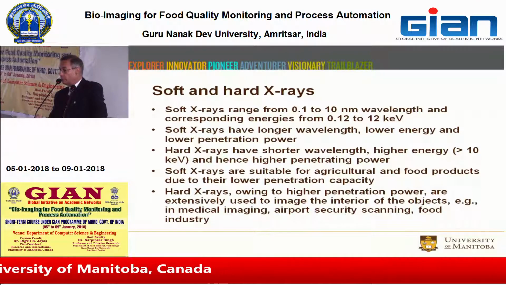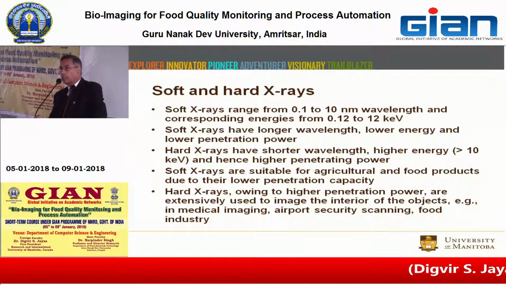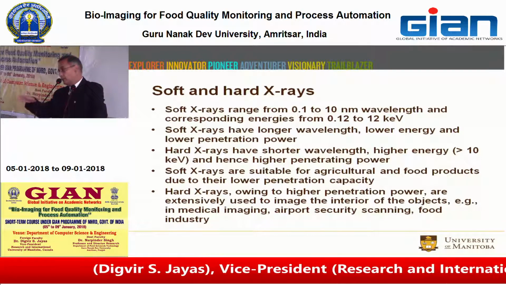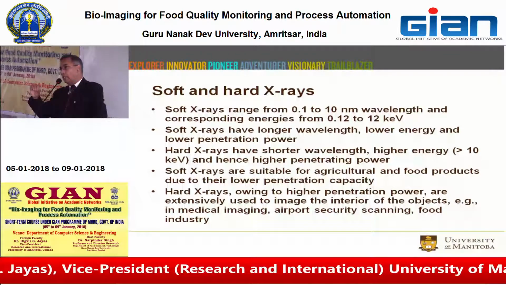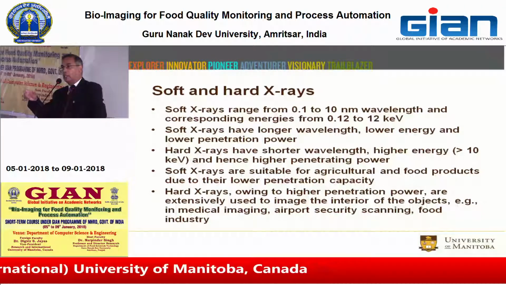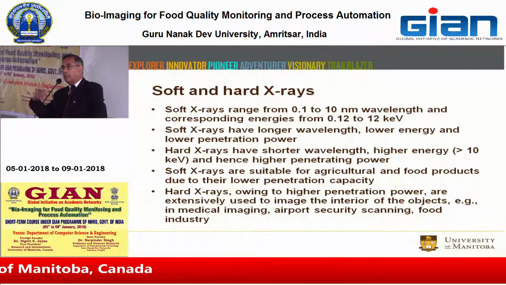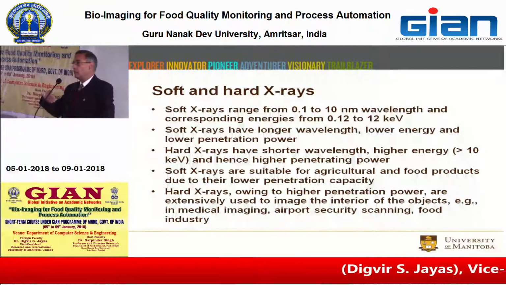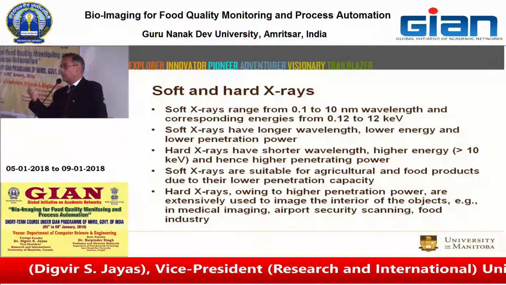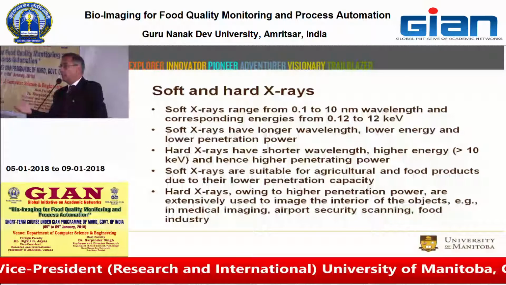Hard X-rays have the shorter wavelength, high energy, and therefore have high penetration power. Soft X-rays are suitable for agri-food products because of their low penetration capacity, and hard X-rays, because of their high penetration power, are suitable for medical imaging, airport security systems, and even in the food industry.